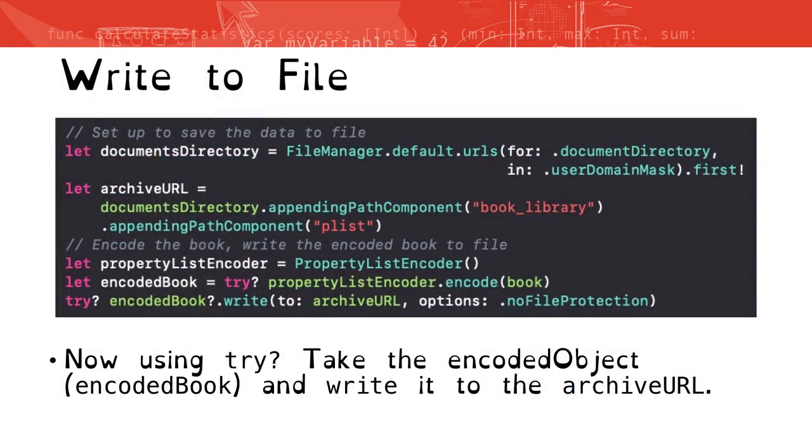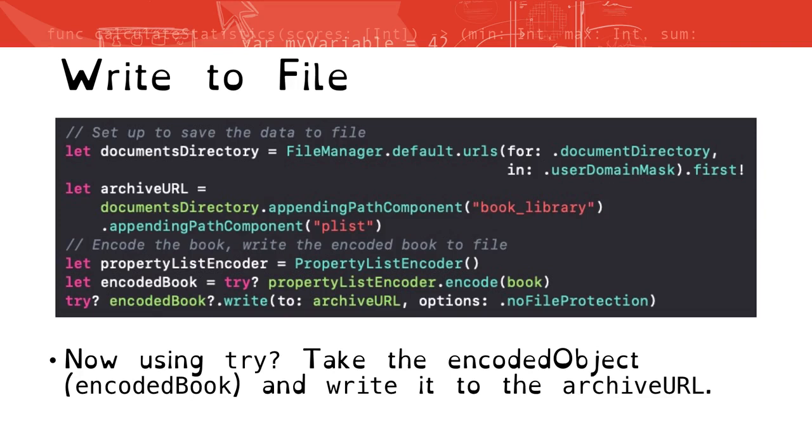We're going to go and create a file called booklibrary.plist, and we use that with this appendingPathComponent structure that we have here in our let archiveURL. So inside archiveURL, we'll have that complete path to the plist file itself.